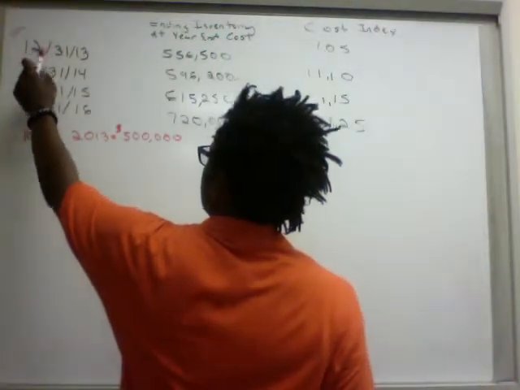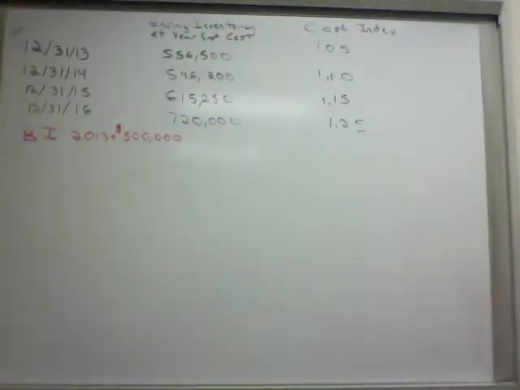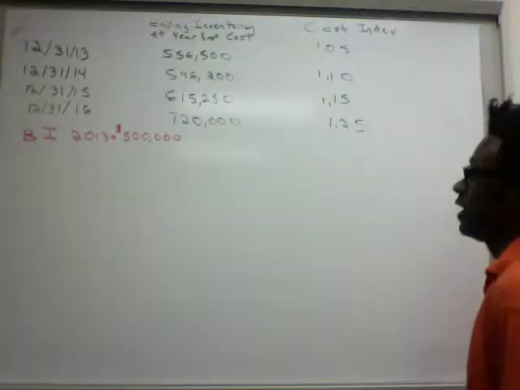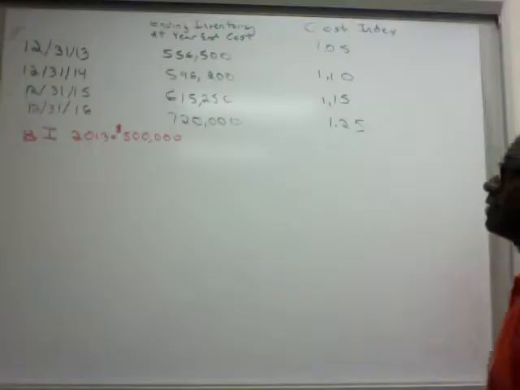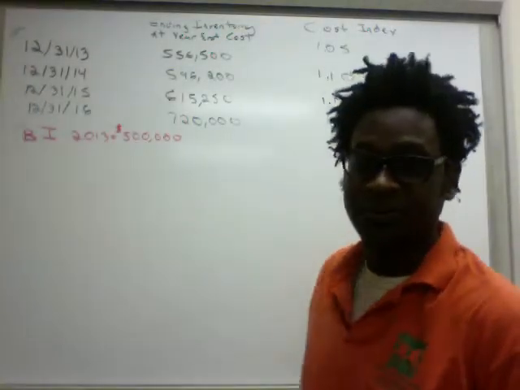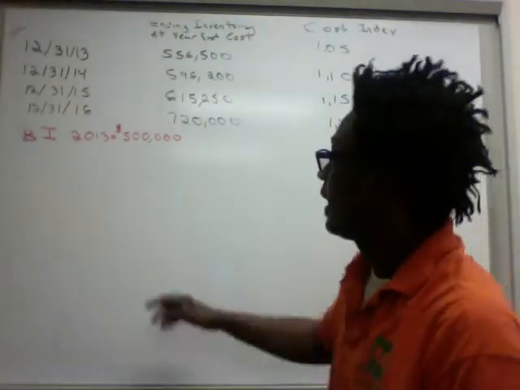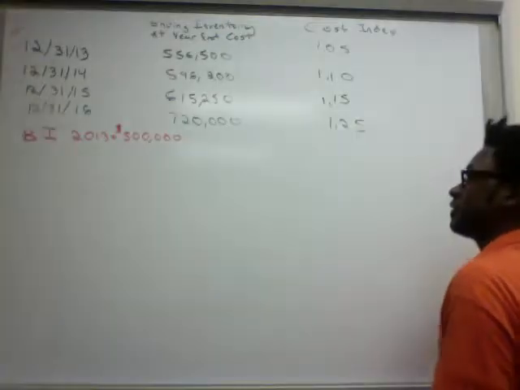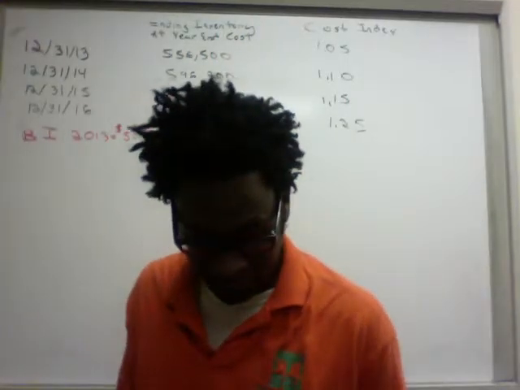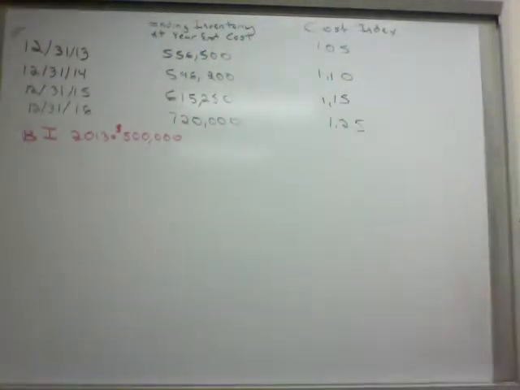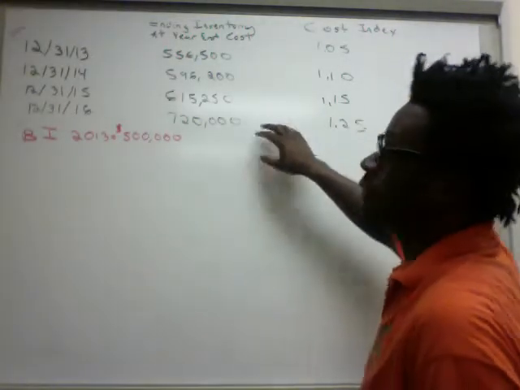At the end of 2013, our ending inventory cost is $556,500. At the end of 2014, ending inventory is $596,200. At the end of 2015, our ending inventory is $615,250. At the end of 2016, our ending inventory is $720,000. Based on this information, we're going to calculate the ending inventory based on dollar value LIFO for each one of those four years.